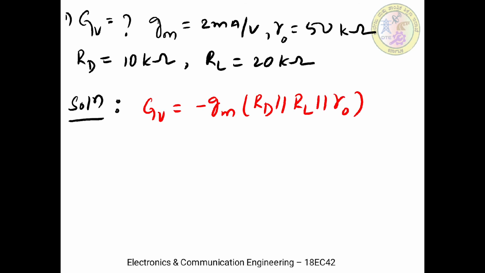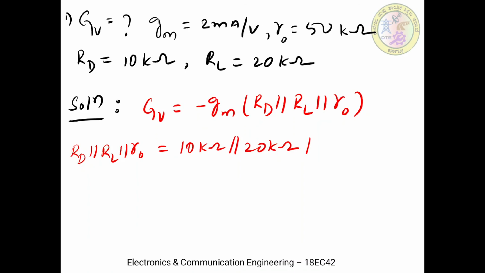First we have to find the value of this parallel combination of resistors. That is, RD is 10 kilo ohm parallel with 20 kilo ohm, which in turn is parallel with R naught 50 kilo ohm. Through calculation, approximately 5.88 kilo ohms is the value.